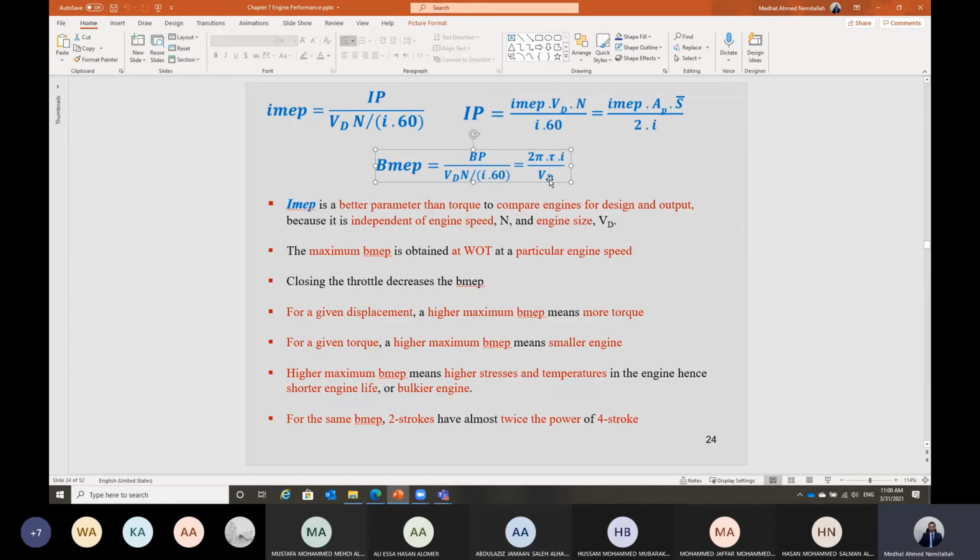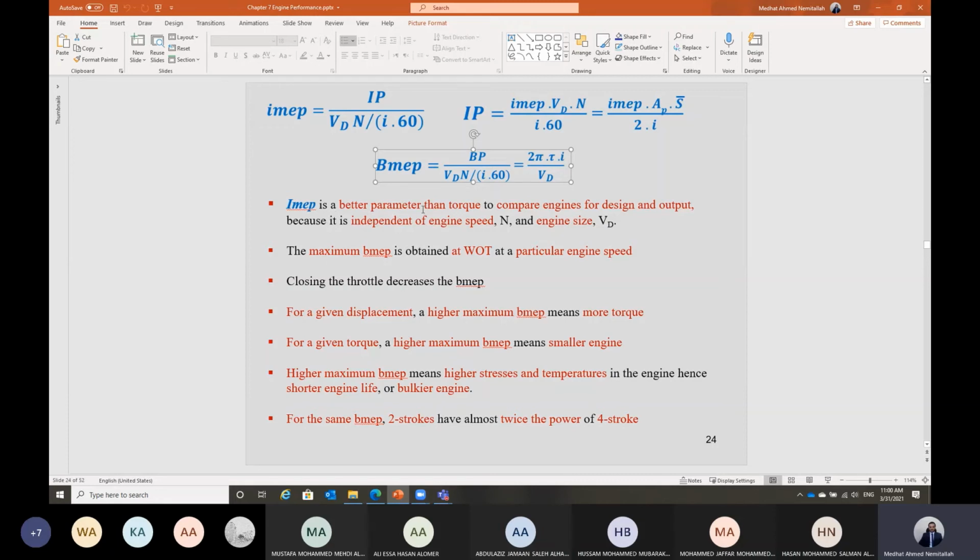That means this parameter, the mean effective pressure, is independent of the engine displacement and also independent of the engine RPM. That means we have more freedom to compare different engines, and this parameter is more effective in comparing two engines than the torque.